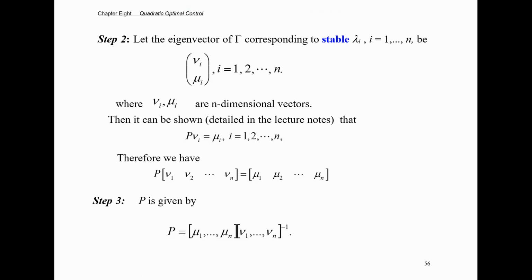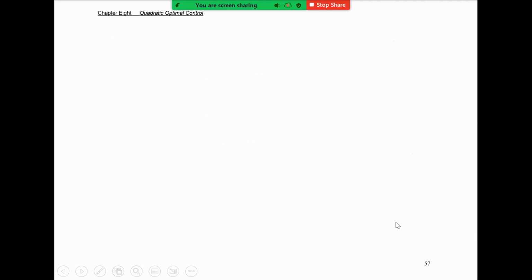Getting the eigenvalues and eigenvectors of a 4 by 4 matrix by hand is time consuming. Let alone 3 by 3 and then 6 by 6, then it's hopeless. We're not required to do that. But if you have MATLAB help you, this should be very easy for MATLAB. You get this P and then you can get the solution.